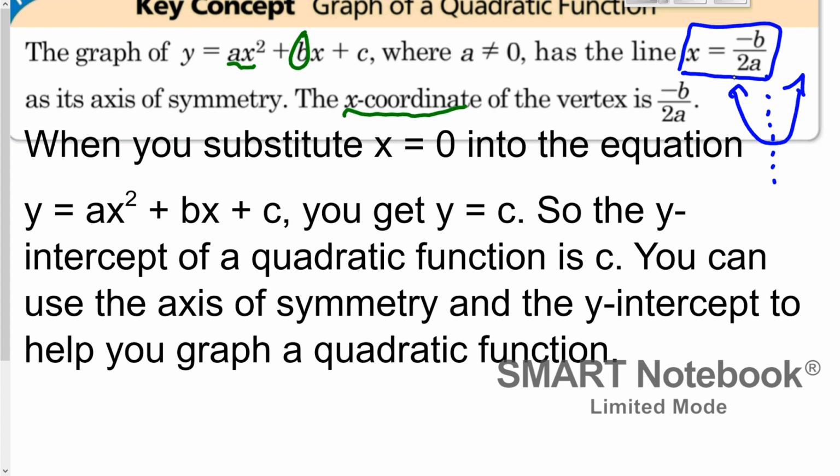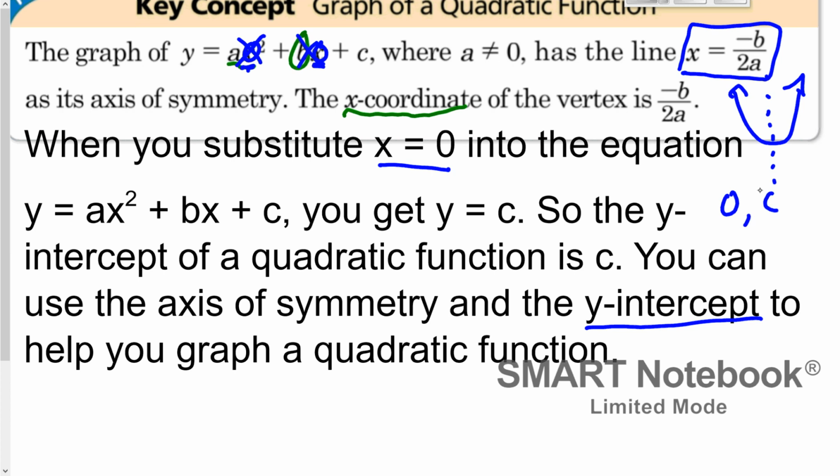Now, once we have that x value, we plug it in for x here and here, and we find our y, and then we would know what our vertex is of our parabola. Then all we have to do is substitute 0 for x. And when we do that, we get 0 here and 0 here, and all we'd get is y equals c, and that would be our y-intercept, 0, c.